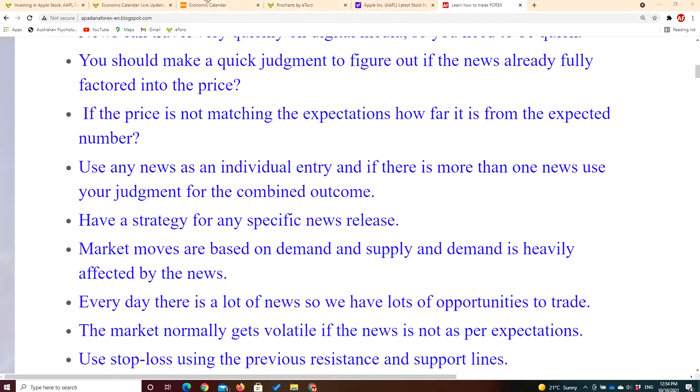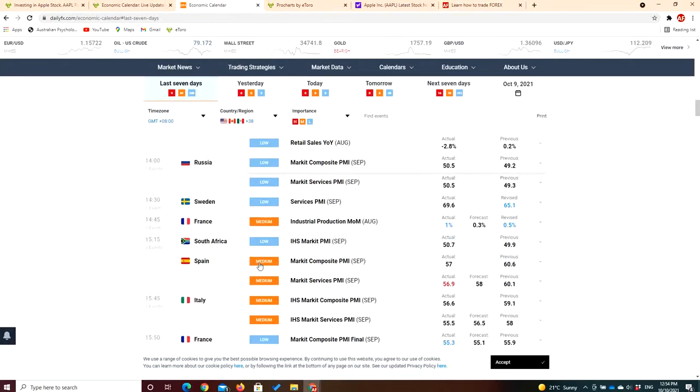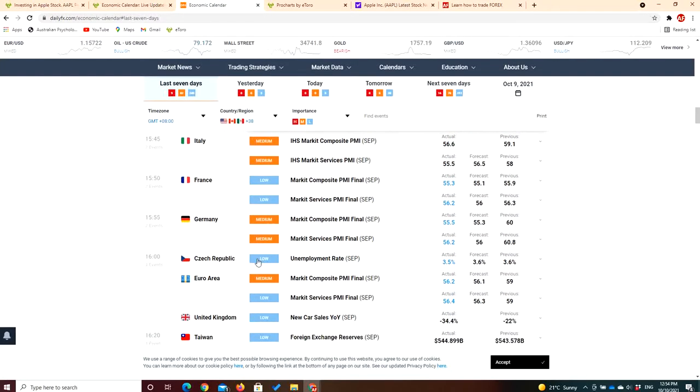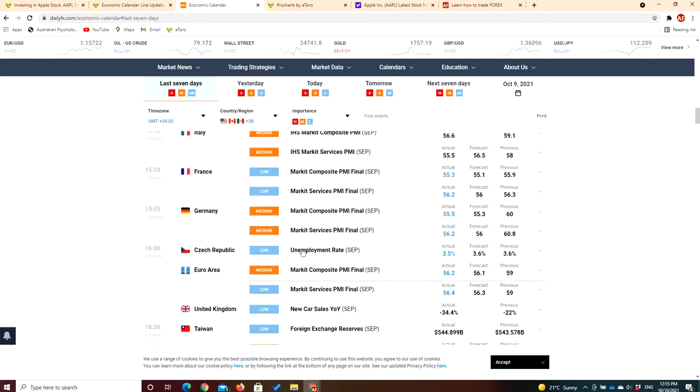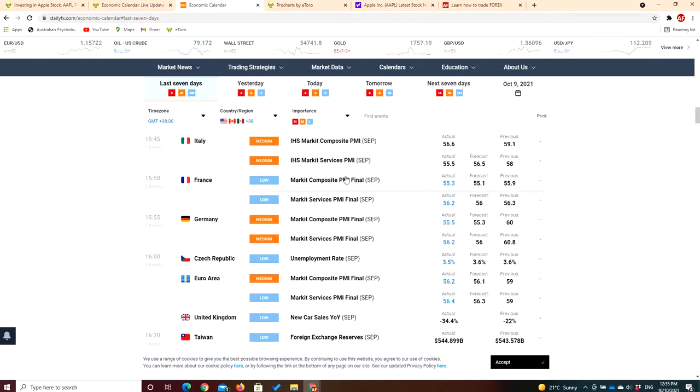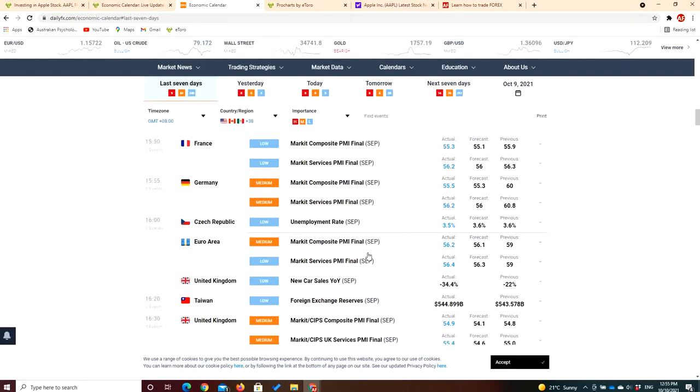So on a day you can see we have very good news, for example, United Kingdom. On this one we can see new car sales is dropping for United Kingdom, and then on the same day you see that France had a bit better market composite PMI.